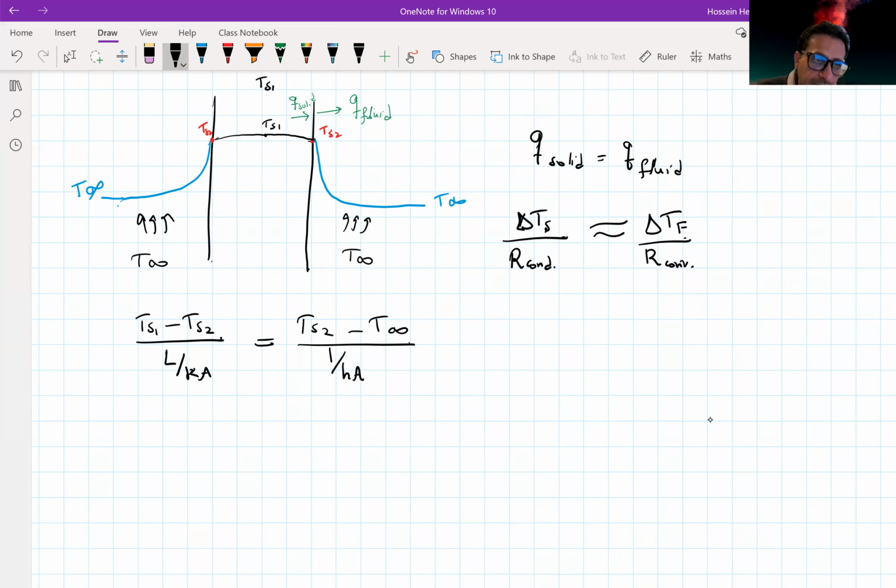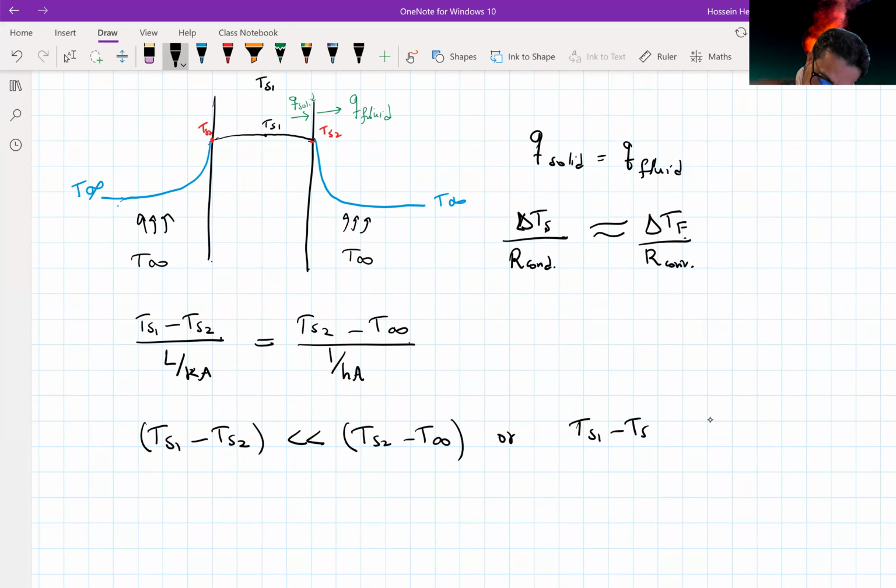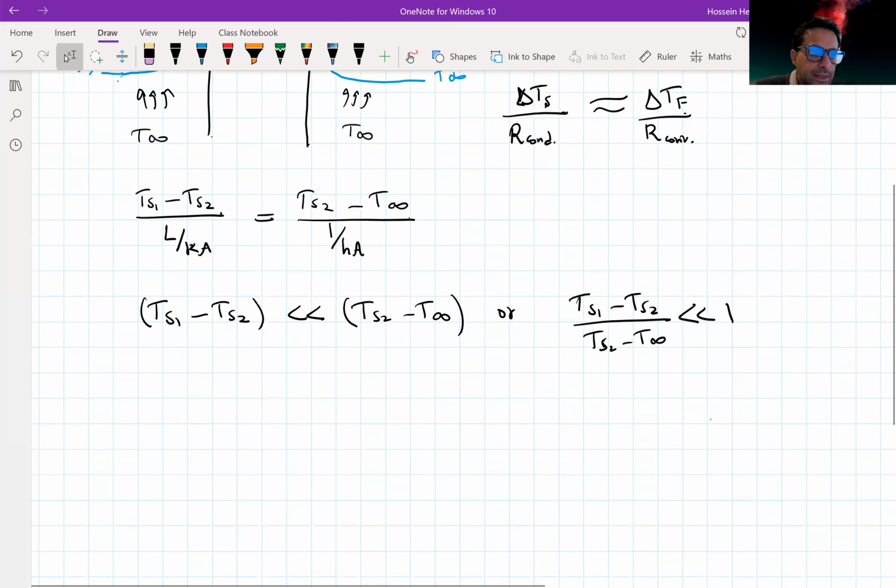Now what we want here is a negligible temperature gradient inside the solid. What that means is Ts1 minus Ts2 should be much smaller than Ts2 minus T infinity. Or if I write it in terms of the ratio, Ts1 minus Ts2 divided by Ts2 minus T infinity, we want that to be much smaller than 1.